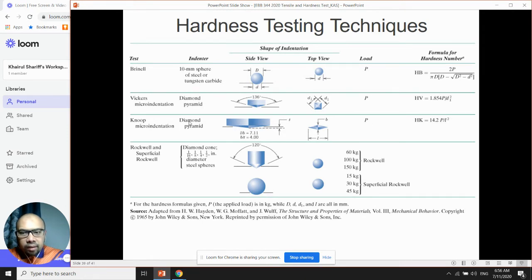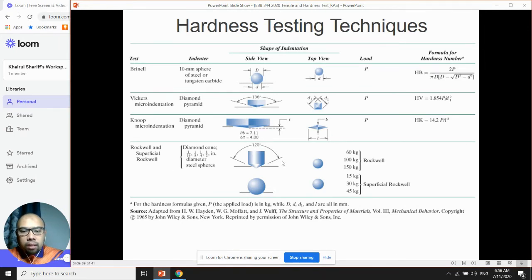Between Vickers and Knoop, the side view is almost similar, but when we see the top, the shape is different. The Vickers looks like a cubic diamond shape, whereas with Knoop you see an elongated diamond shape.